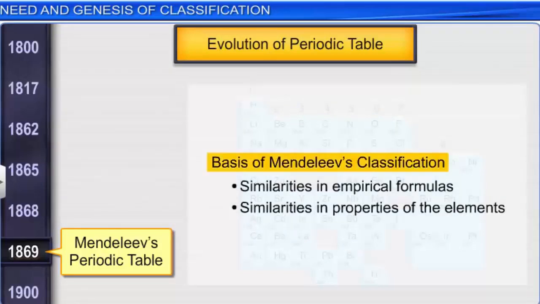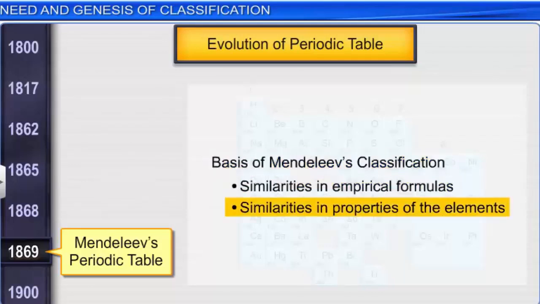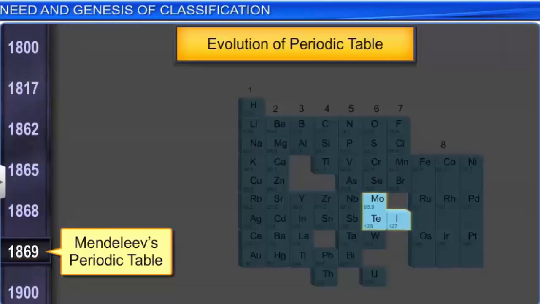Mendeleev's success roots to his vision of classifying elements based on the similarities in their empirical formulas and properties of the compounds formed by them. This made him occasionally ignore the order suggested by atomic weights to classify elements with similar properties together.